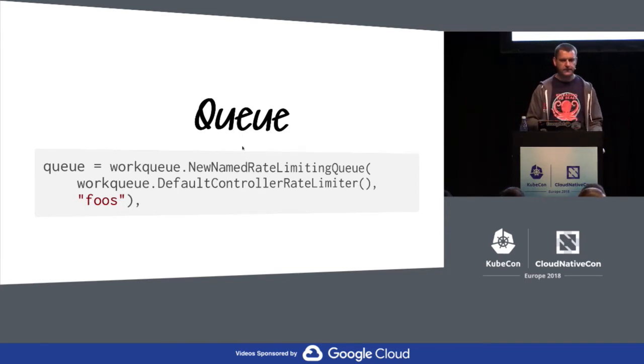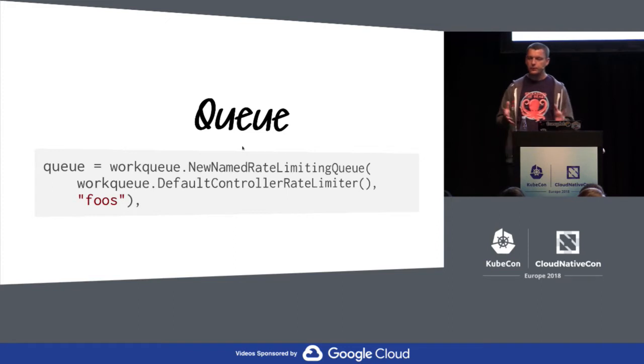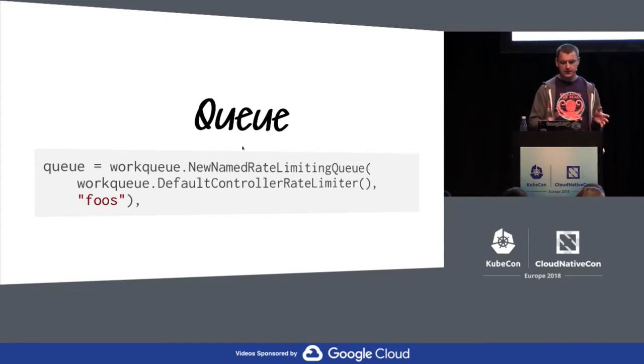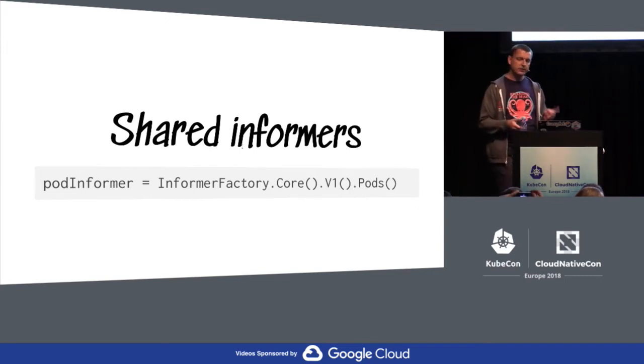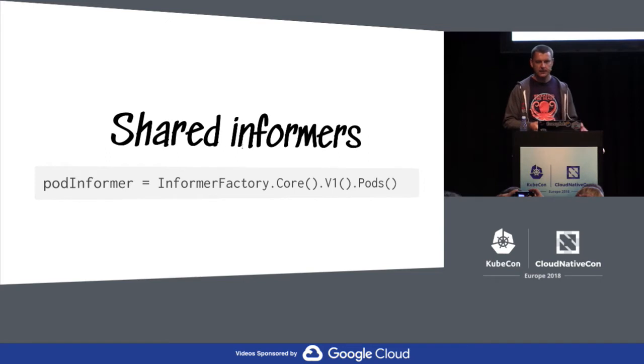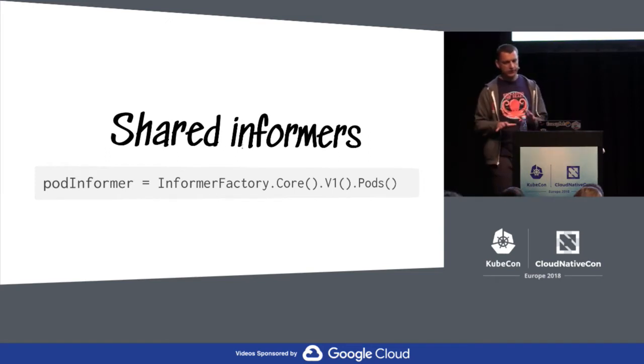So the most important piece of every single controller is the shared informers. Remember the CronJob controller that I showed you at the beginning? Of all the controllers that I showed you, please do not take the CronJob controller as an example.